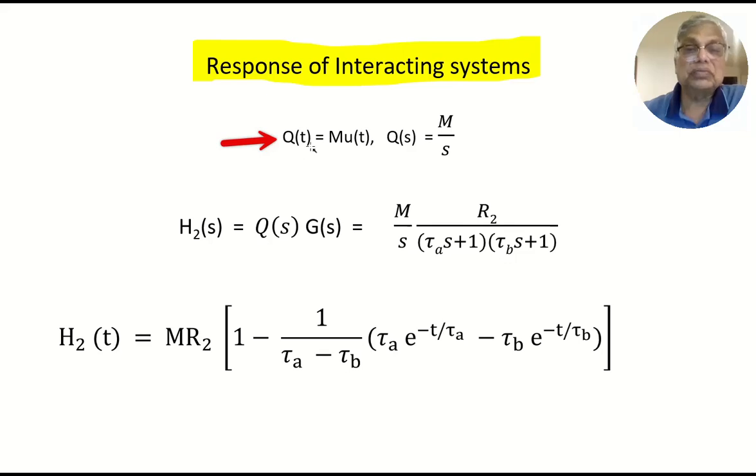So this is the step input to the inlet flow of the first tank, Q(t) equal to m into u(t). M is a magnitude. As usual, take the Laplace: Q(s) equal to m by s. Substitute in the transfer function, so H2(s) equal to Q(s) into G(s), that is m by s into this.